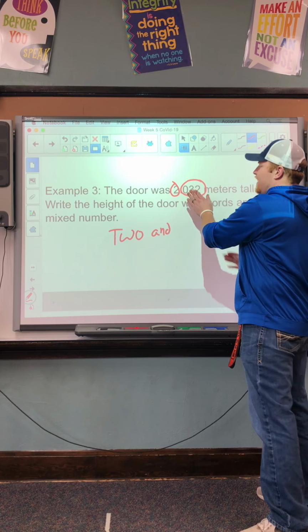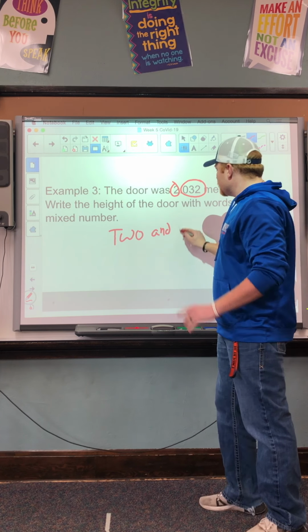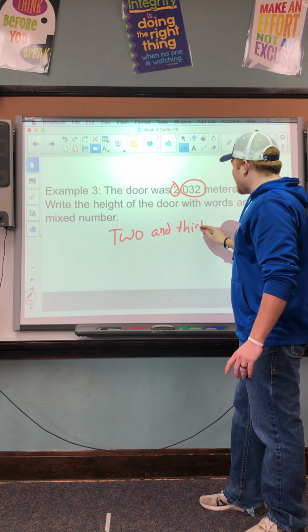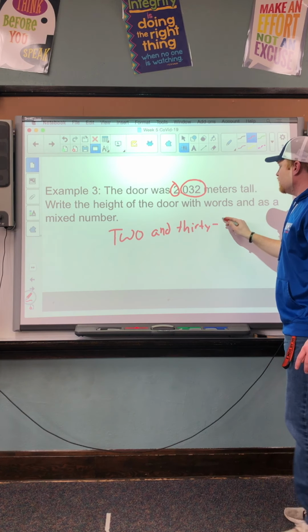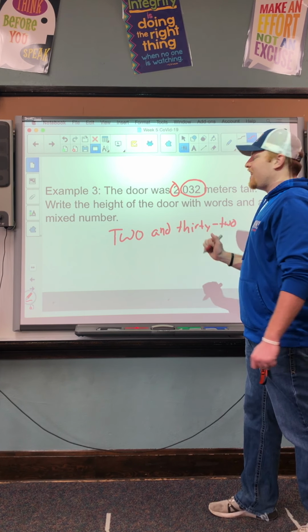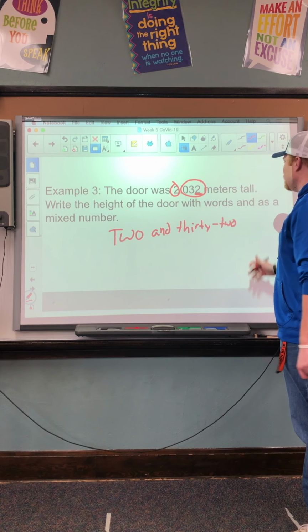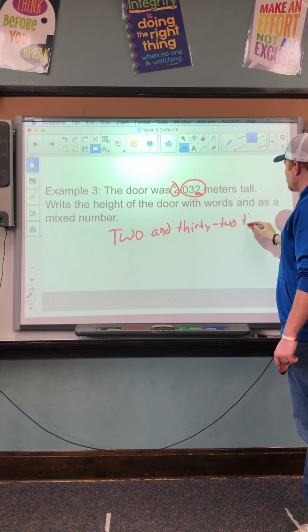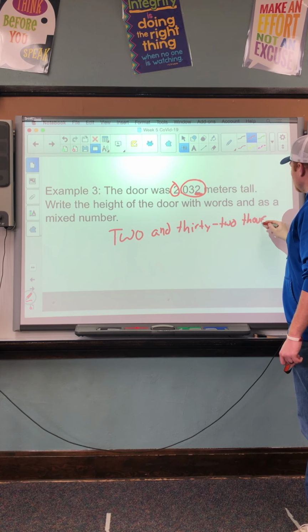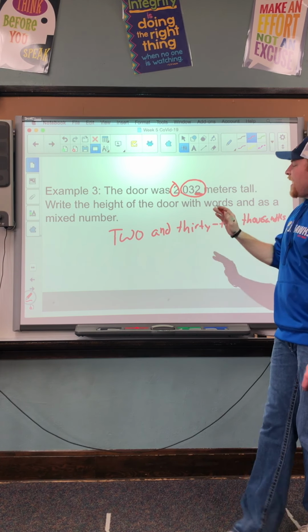So what number is this? 032. Well, it's just 32. Again, anything that ends in ty, you put a hyphen. 32, and then whatever place value is listed last. The 2 is in the last place value, so it'd be 32 thousandths. Okay, now that's in words.